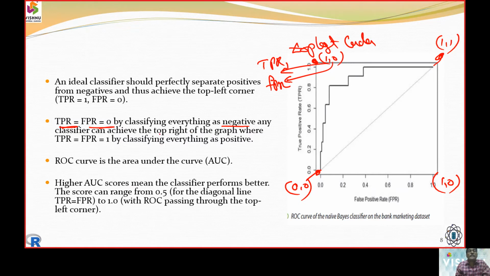Any classifier can achieve the top right position of the graph where TPR and FPR are both positive. This is a positive way and a negative way.